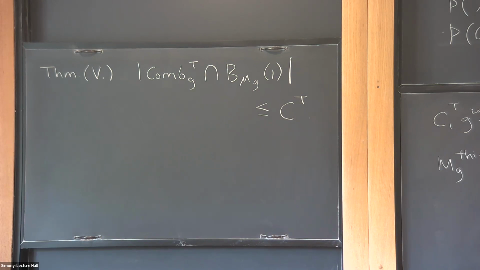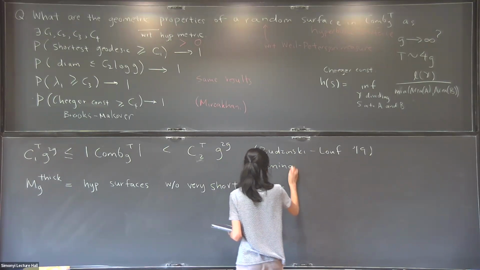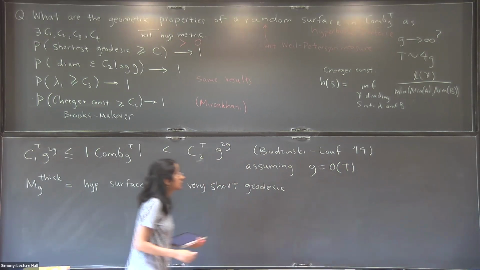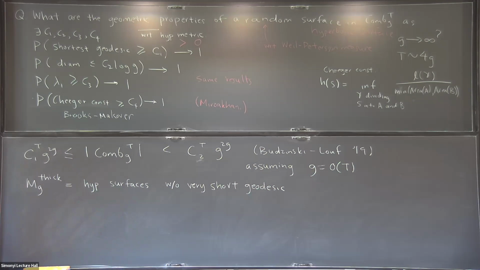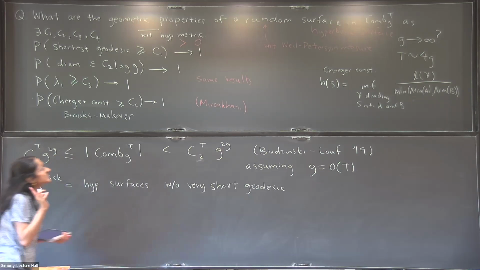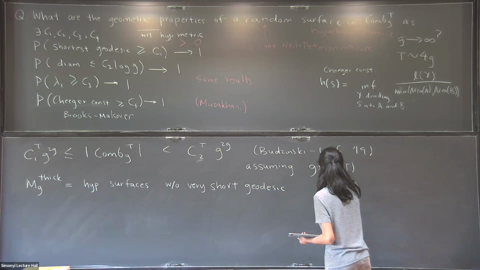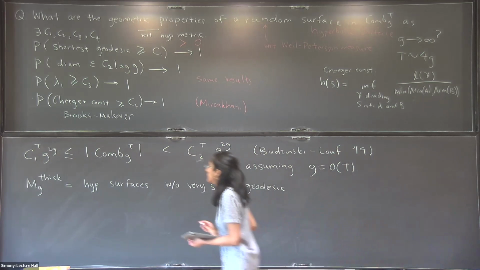Yes, so this is assuming that, and the constant will depend on the constant implied in the O. You can just assume that G is greater than 4 plus epsilon times T, and then you'll get some usable constants there.